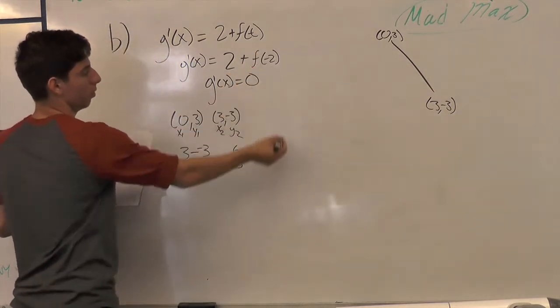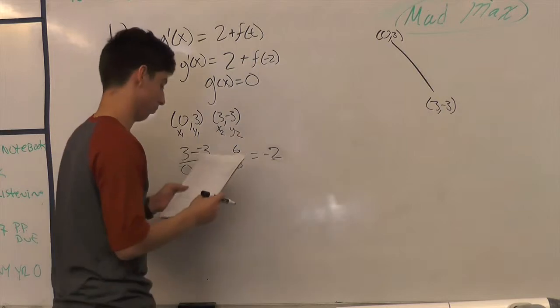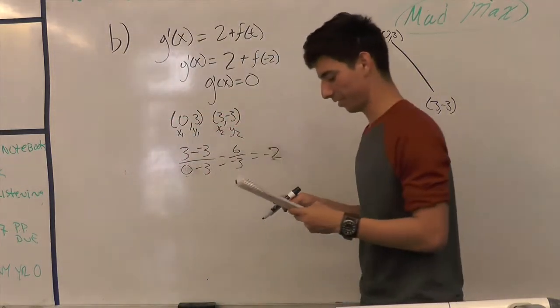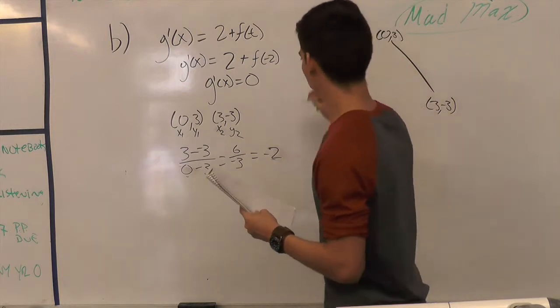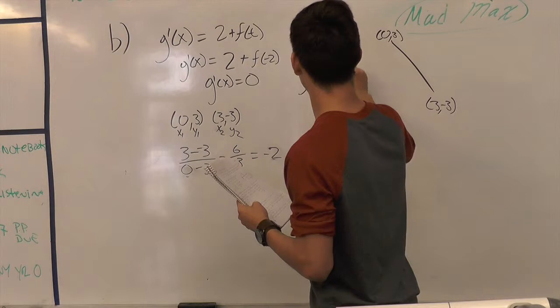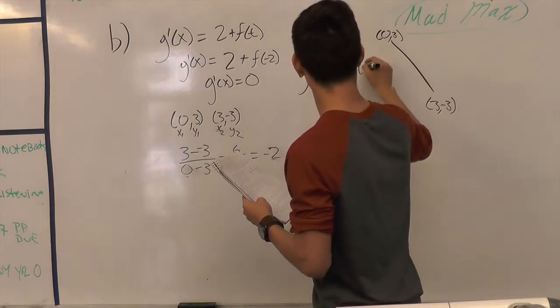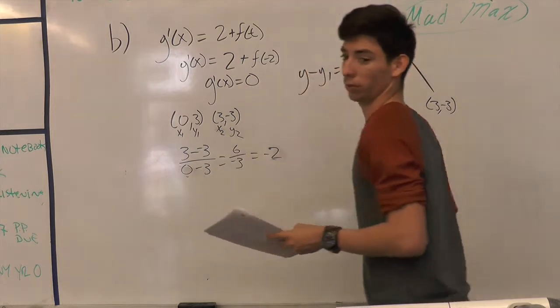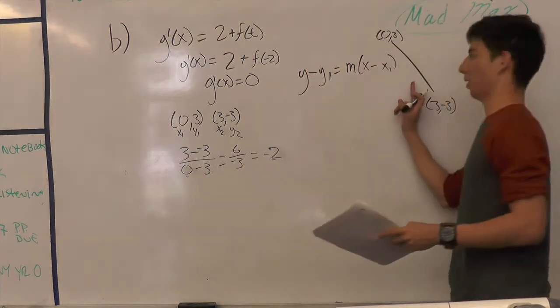Now you use the formula y minus y1 equals m times x minus x1 to find an equation for the line segment.